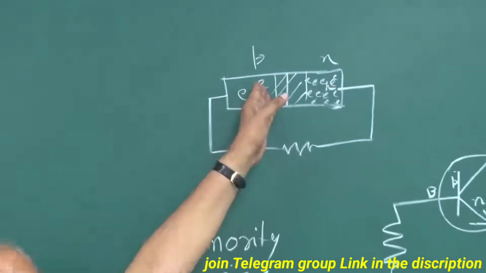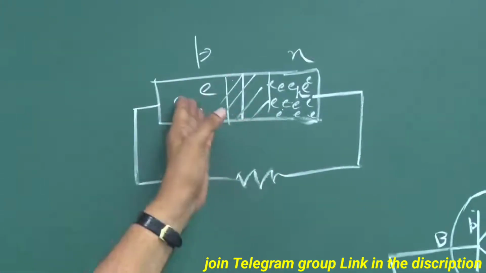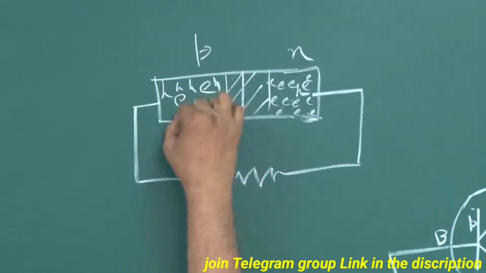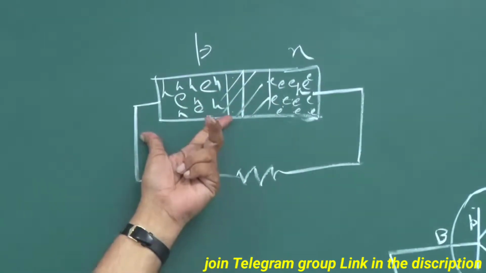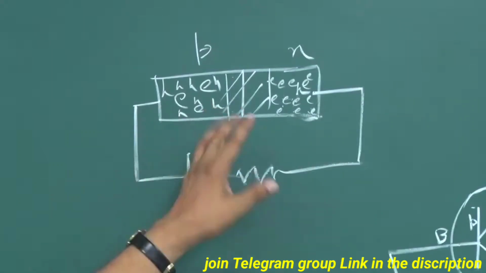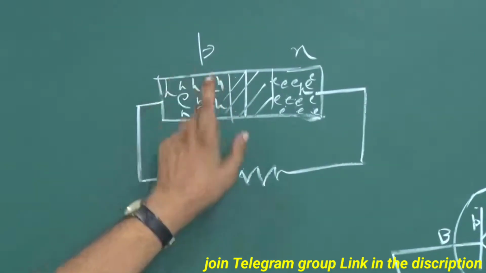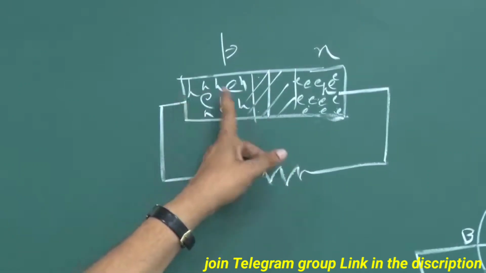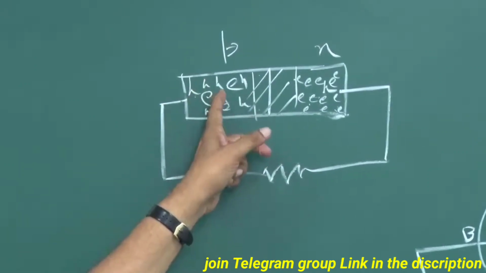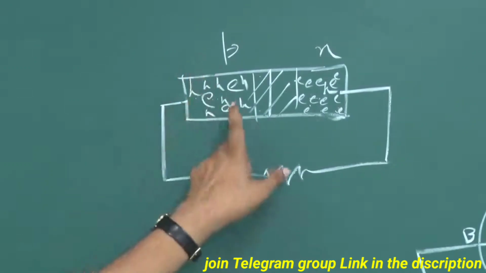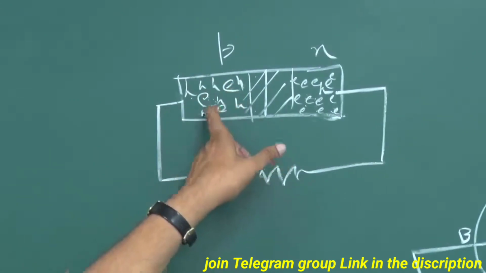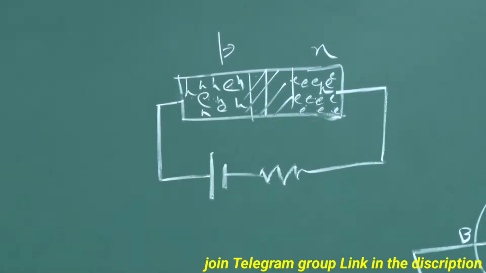And what do these electrons do? Here you have a large number of holes. So, if this length is sufficient, if the electrons take considerable time traveling from this to this, in between many of them will recombine with the holes here. They will combine with the holes here, and that electron hole pair will vanish.